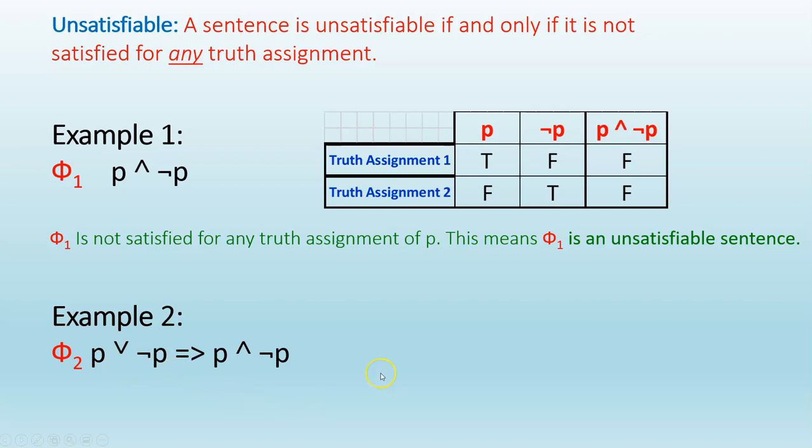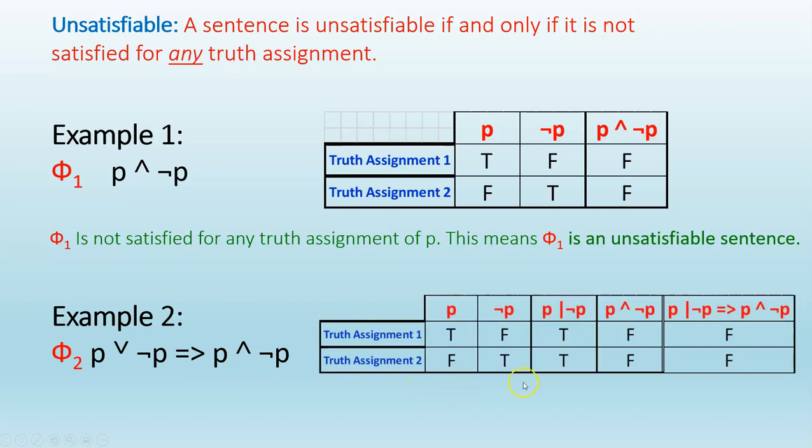Thinking about what we know about implications, an implication is false when the antecedent is true but the consequent is false. And this antecedent is always true, and this consequent is always false. So what does that mean? Phi 2 must always be false.